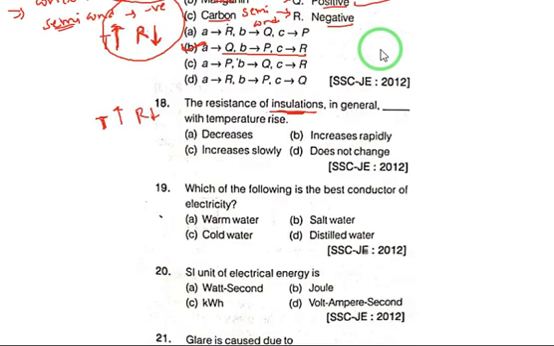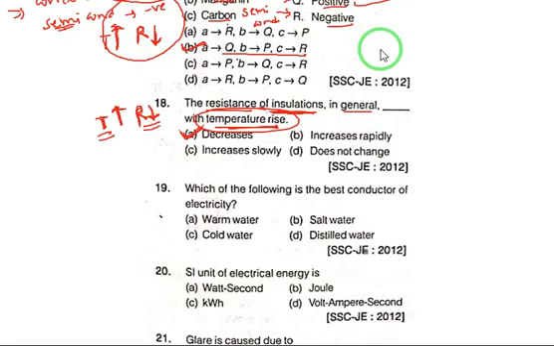For an insulator, the same kind of property with respect to temperature and resistance will be there. So if temperature increases, in case of insulation, resistance will decrease. Very, very important. Remember that.